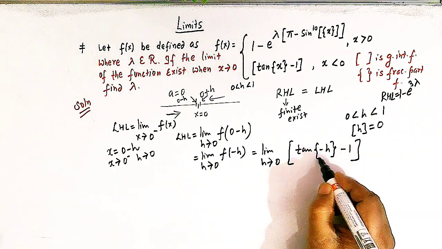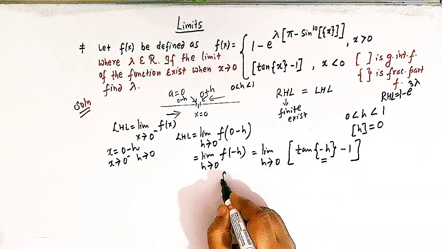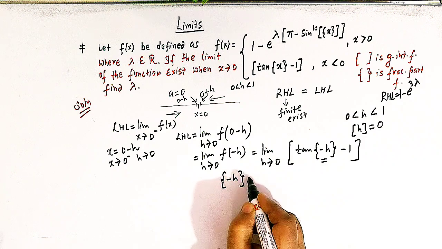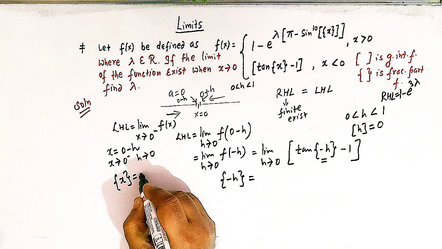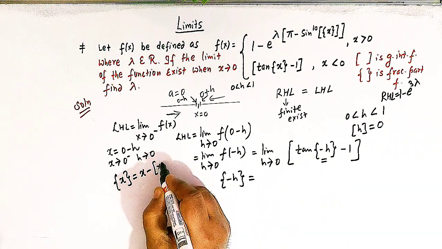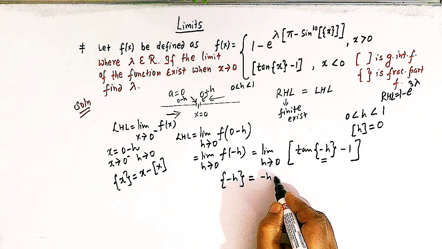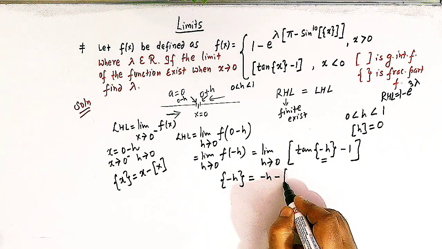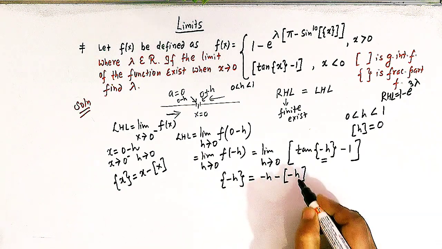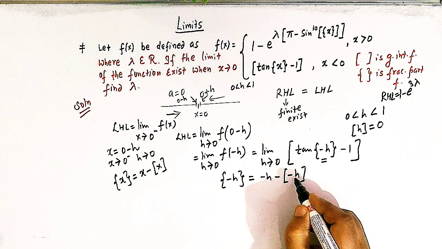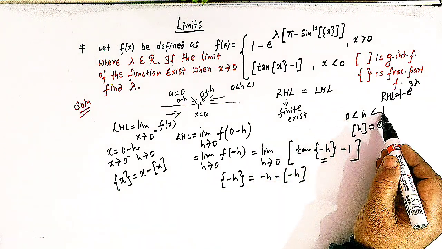Now let us take this expression, the fractional part of minus h. We have just seen that the fractional part of x is equal to x minus greatest integer of x. So the fractional part of minus h is minus h minus the greatest integer of minus h, right? Now the greatest integer of minus h. See, h lies between 0 and 1.